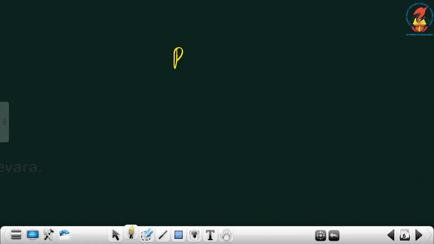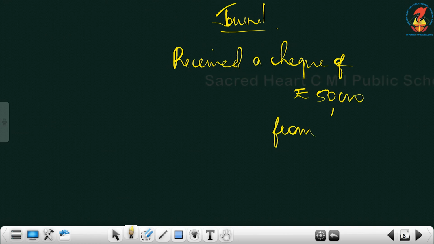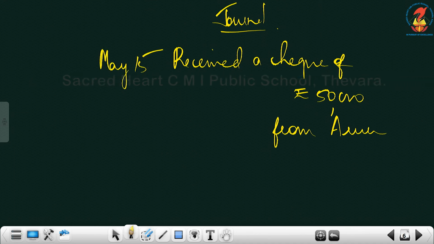The example is, suppose you got a cheque, you have a transaction like this. I am discussing the chapter journal. Received a cheque of rupees 50,000 from Arun on May 15th.